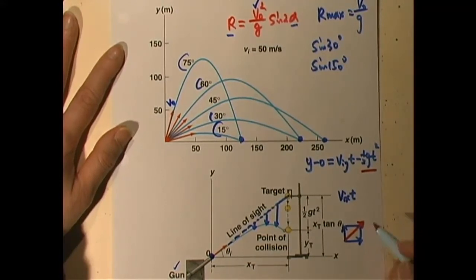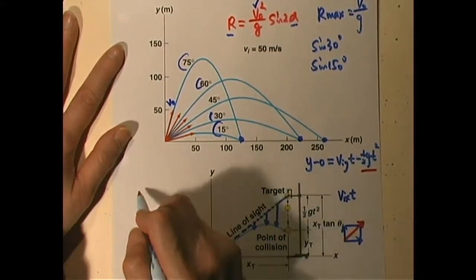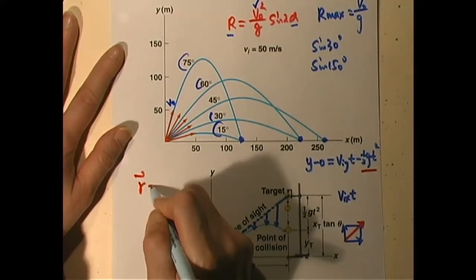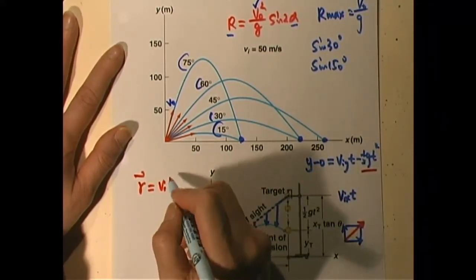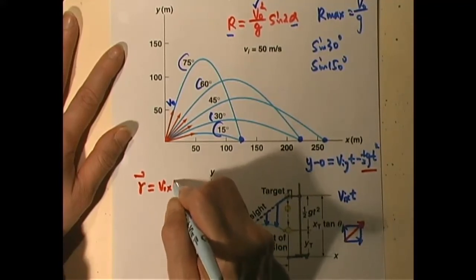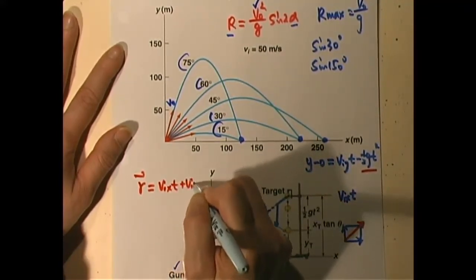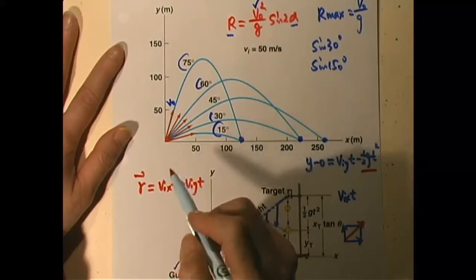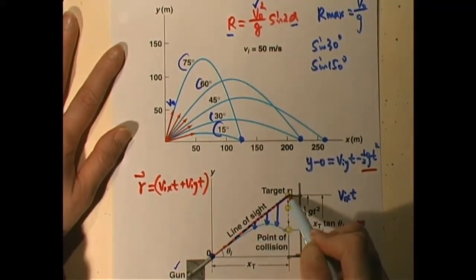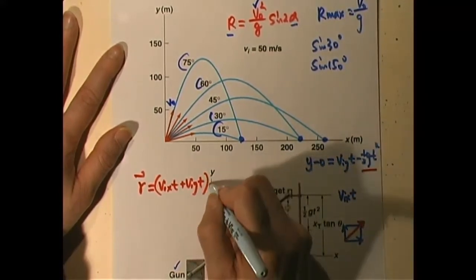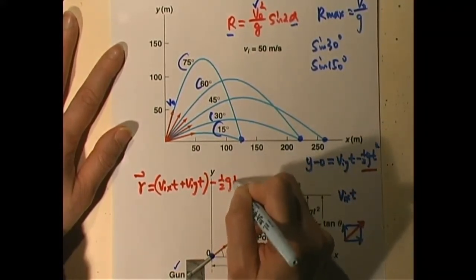So the general position, if we want to describe R, should be v initial x times t plus v initial y times t. That makes this straight line. And then minus 1/2 g t squared.